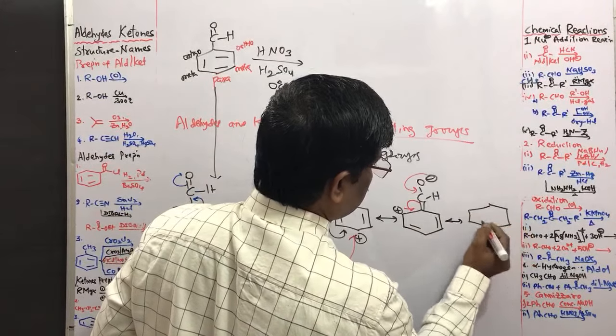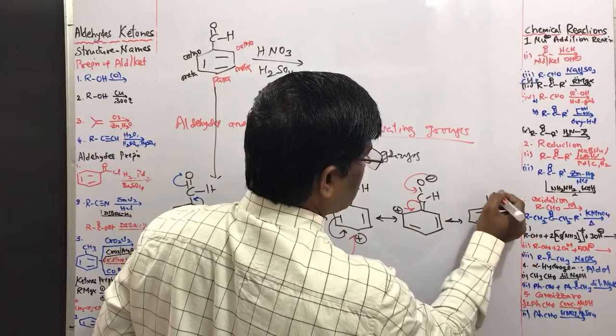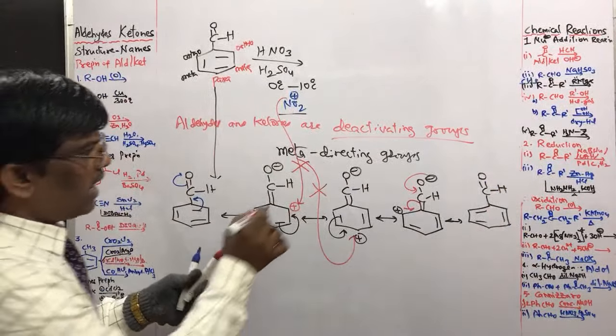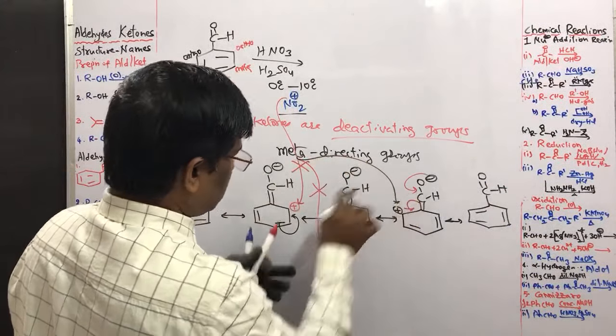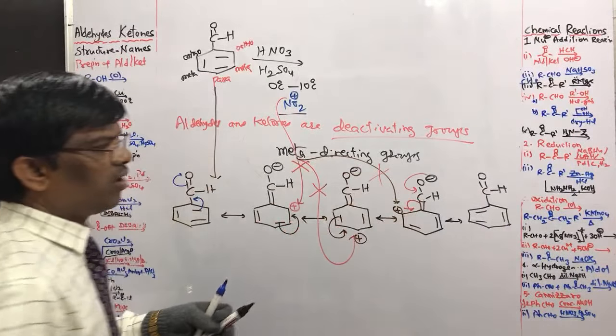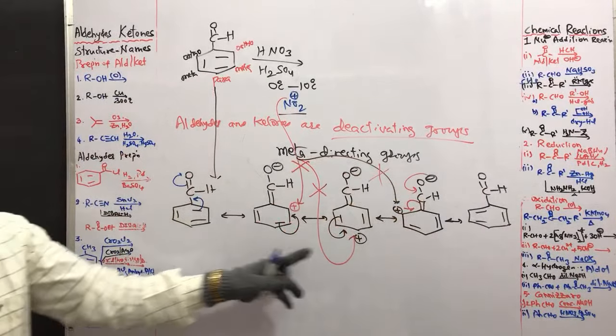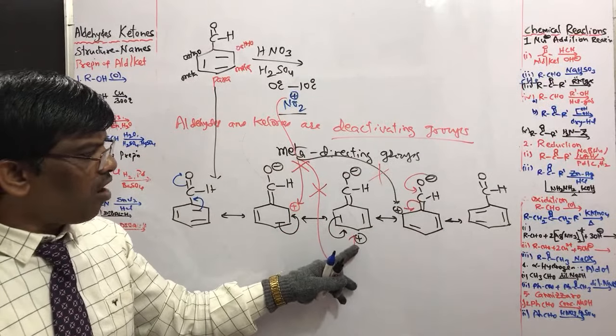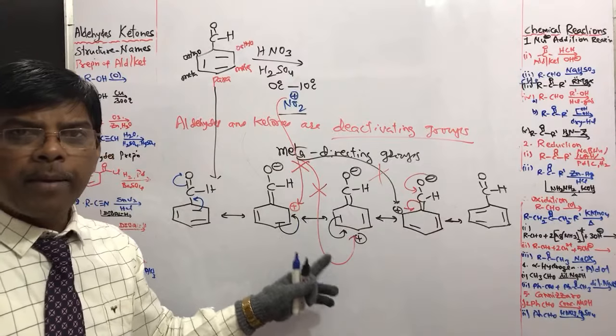So during these resonance structures, what is happening? The carbocation is forming at the ortho and para positions of the benzene ring.